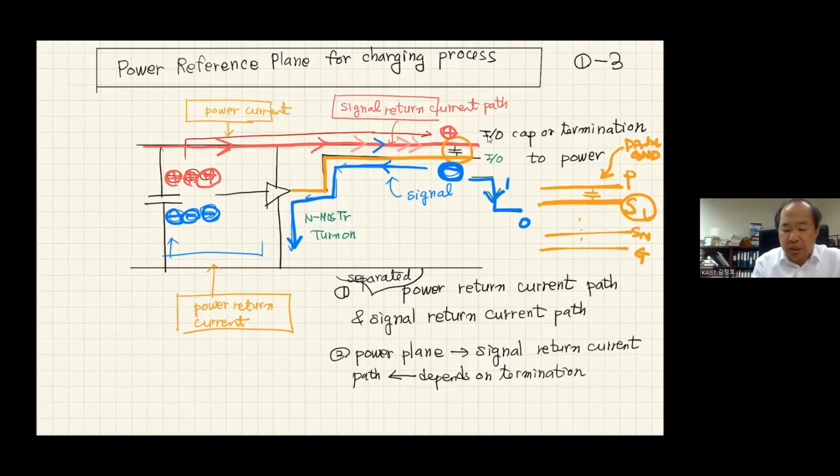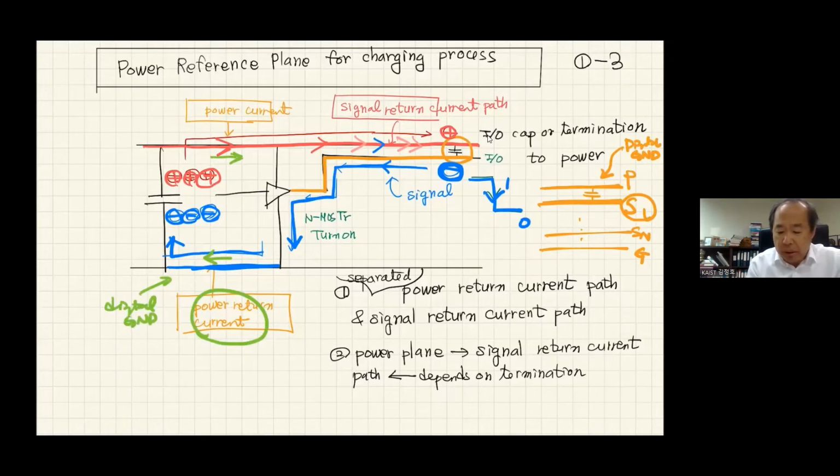For decoupling capacitors, the return current is conducted through the power return current. A very typical part of this argument is that we have power current on the power plane, but power return current is conducted through the digital ground.